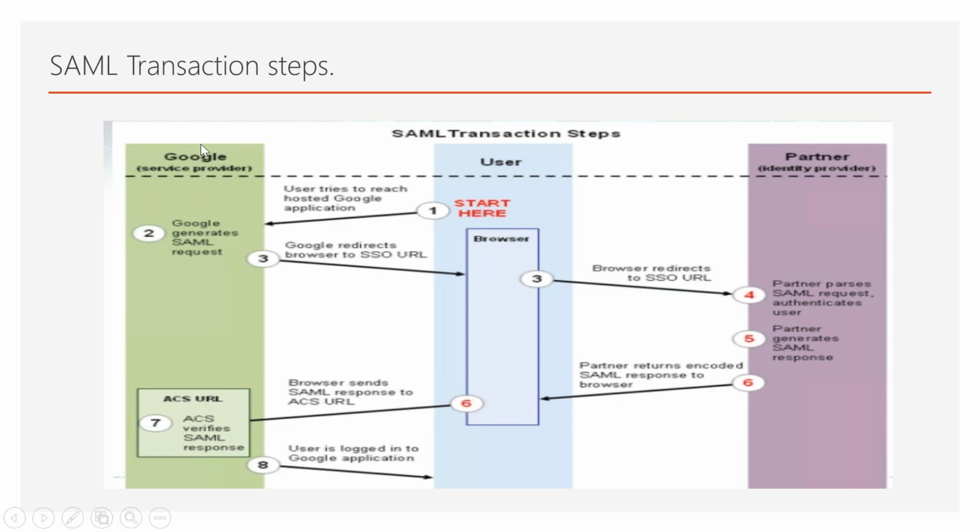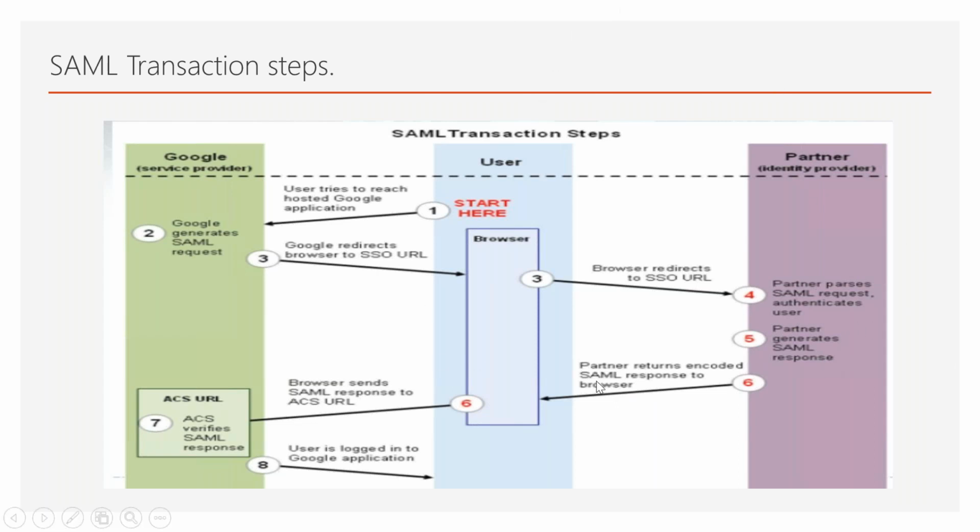Once the SAML request is generated, the user will be redirected to the identity provider, and once the user authentication is done, it will generate a SAML response. So who generates the SAML response here? The identity provider. There will be an assertion or a claim which will be provided by the identity provider.